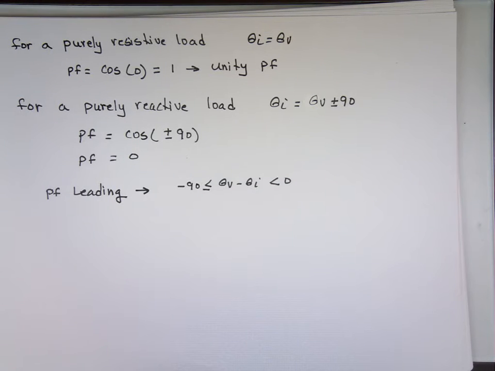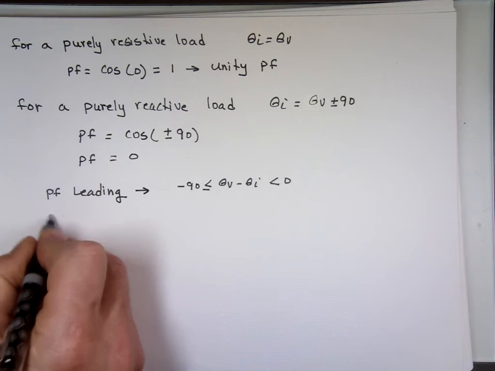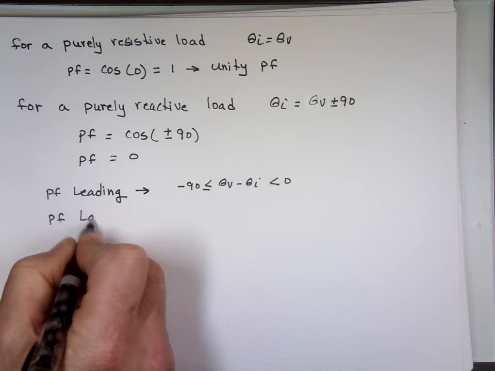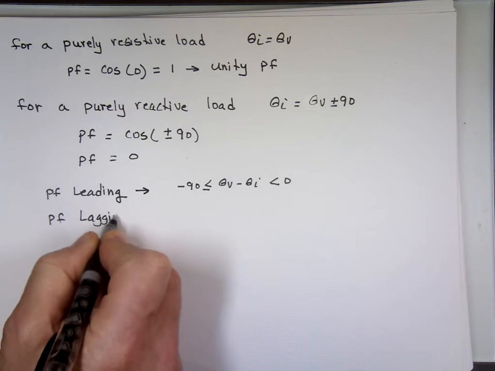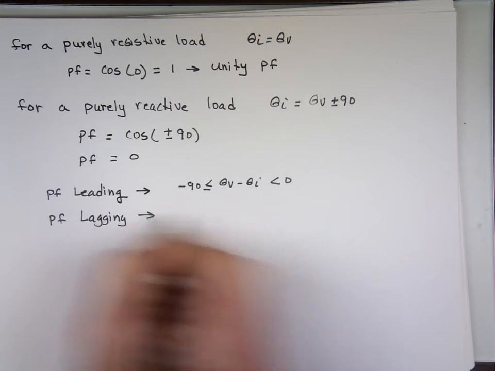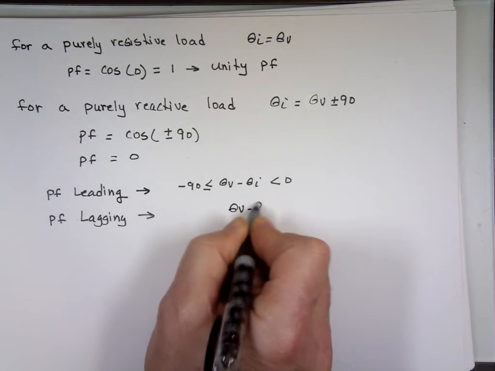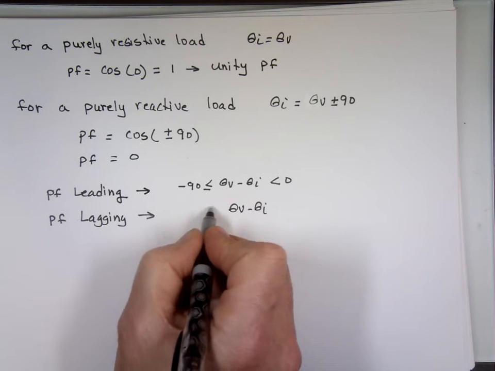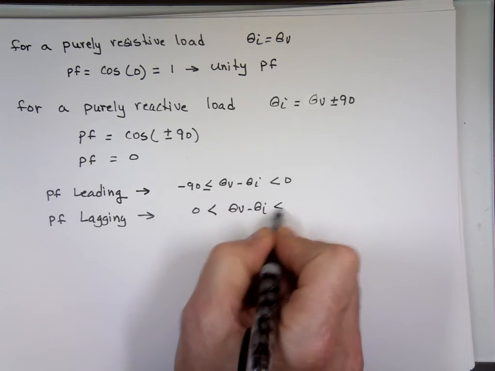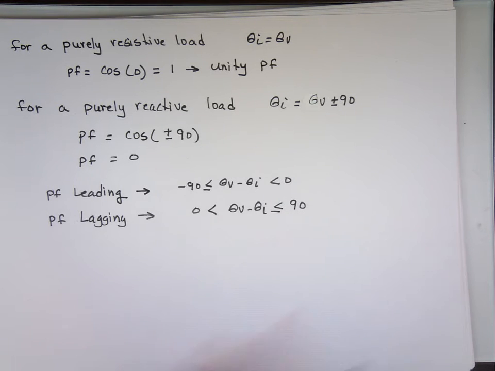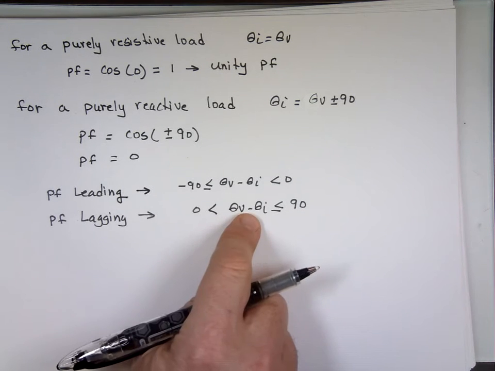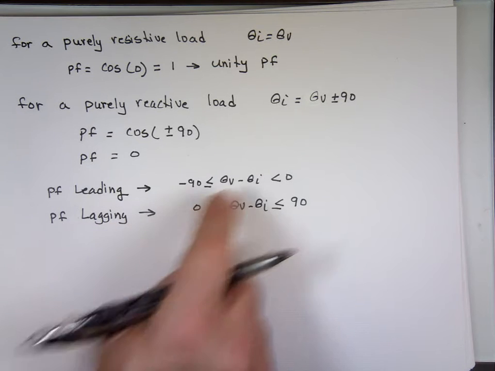That's a leading power factor. Your power factor is lagging when theta V minus theta I is greater than 0 and less than or equal to 90 degrees. So when you have a positive value here, the power factor is lagging. When it's a negative value, the power factor is leading.